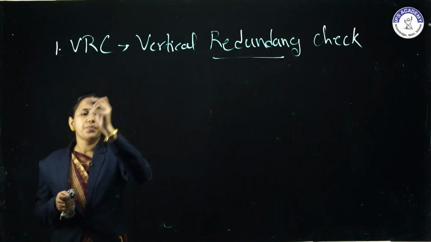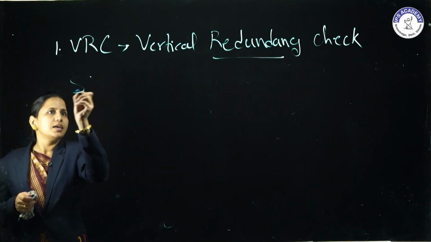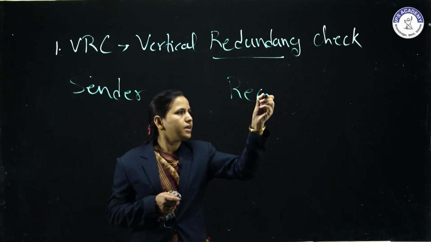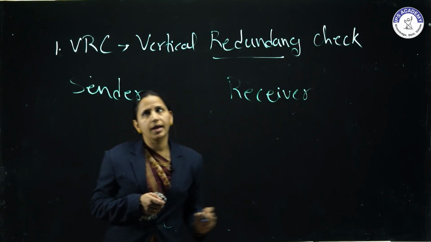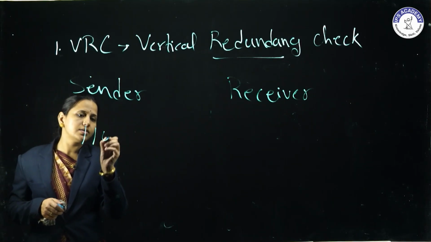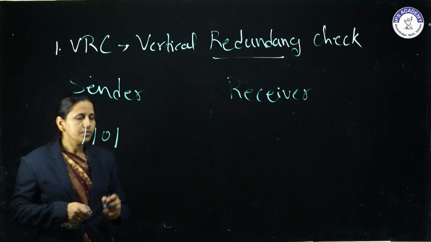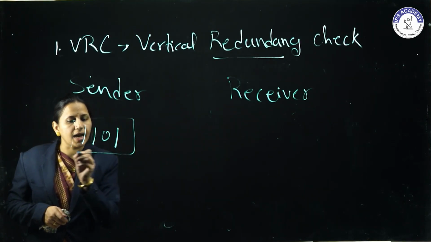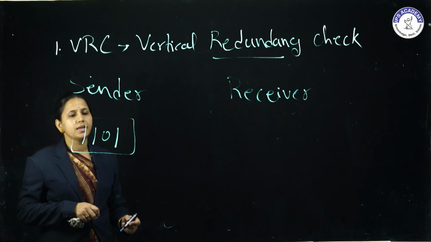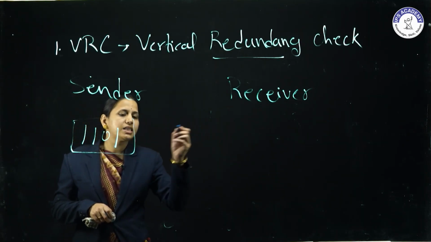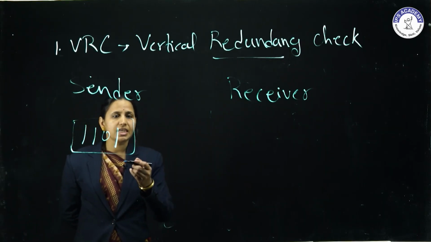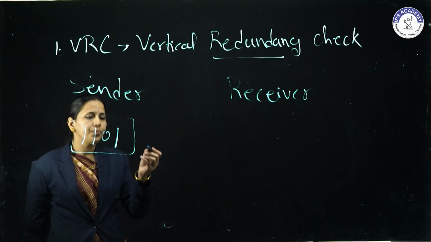For example, in case of vertical redundancy, this is the sender and this one is the receiver. Let the sender want to send 110. Before the transmission we need to add some redundancy bit, so that the receiver can identify whether this data is received properly or there is any error.